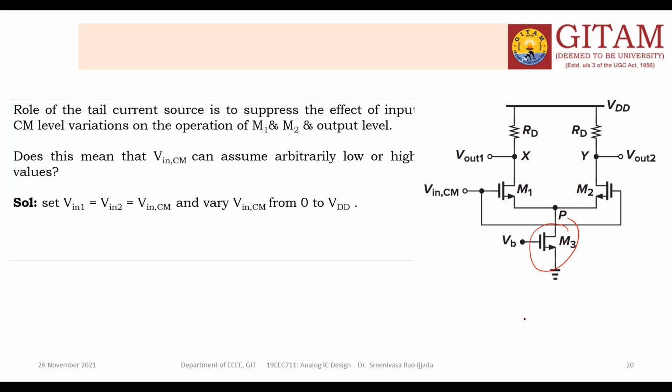So Vn1 is equal to Vn2 is equal to Vn. We know the input signal as well as the CM value. The CM value is the DC value. If both input signals have the same common mode value, this is my signal and this is my common mode value.